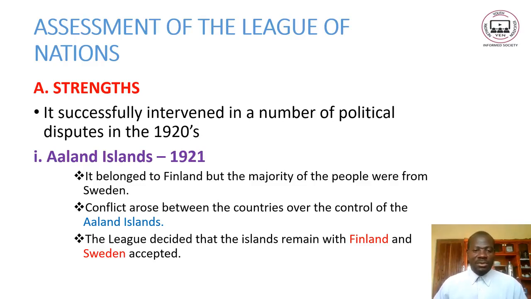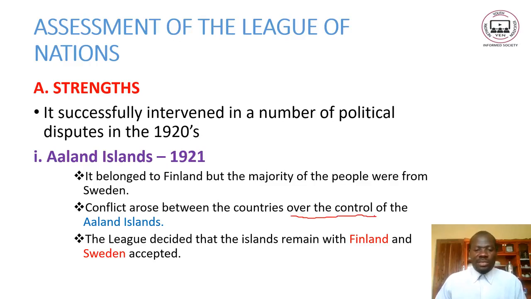So the first one was the Aland Islands. This intervention happened in 1921. The islands belonged to Finland, but the majority of the people there were from Sweden. So the conflict arose between these two countries over the control.